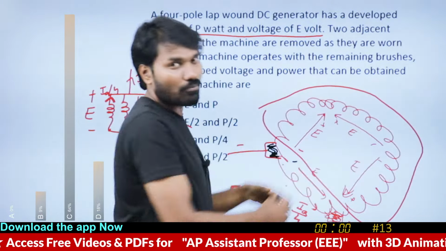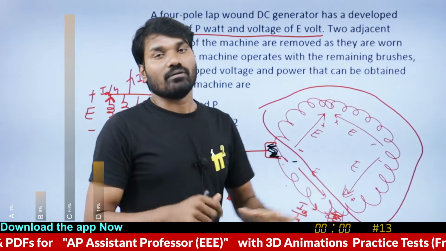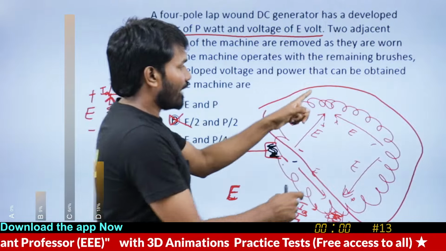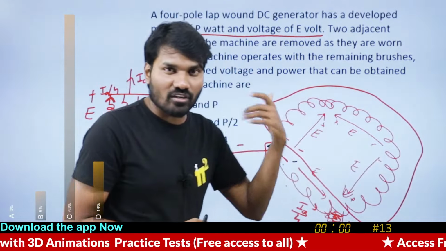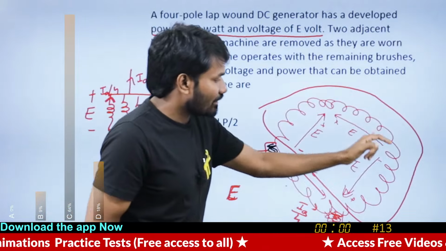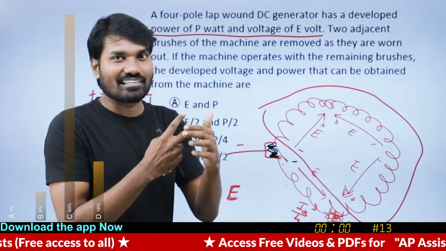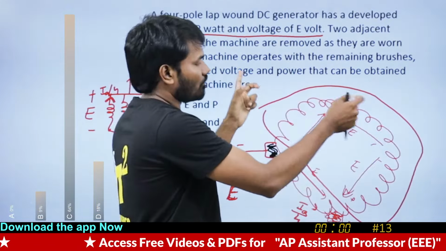If windings are broken, then the current is completely 0, and this resultant voltage is also 0, because the series connection is broken. But it is said only brushes are removed.